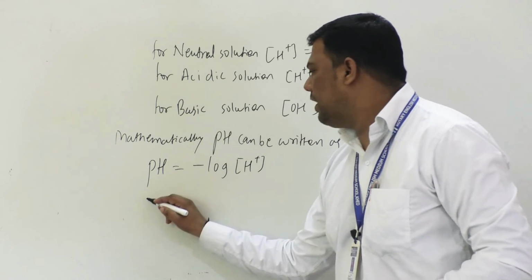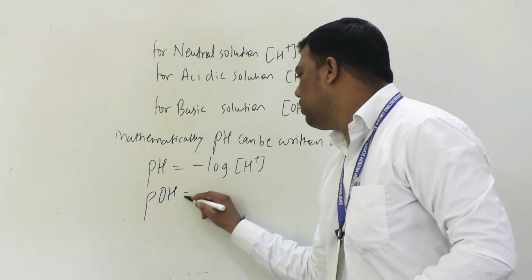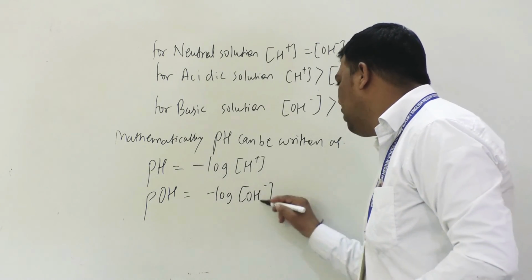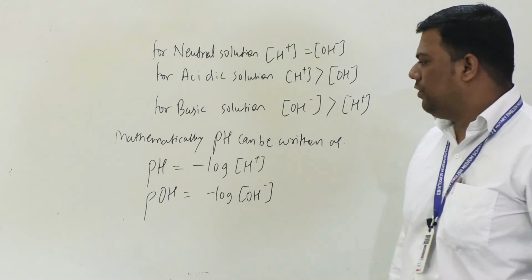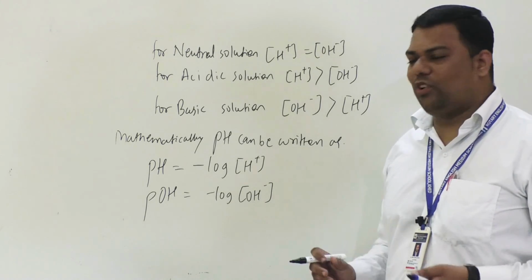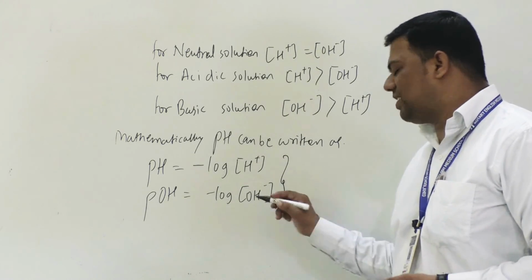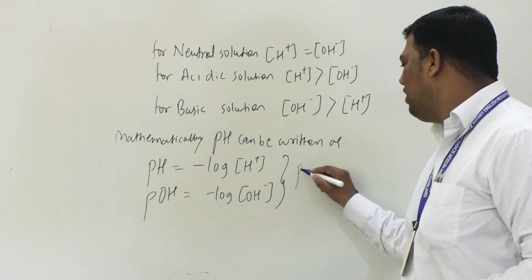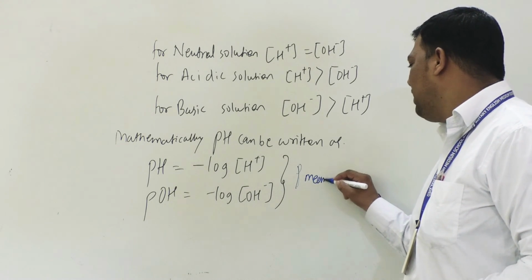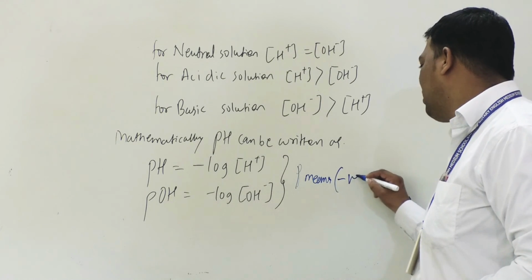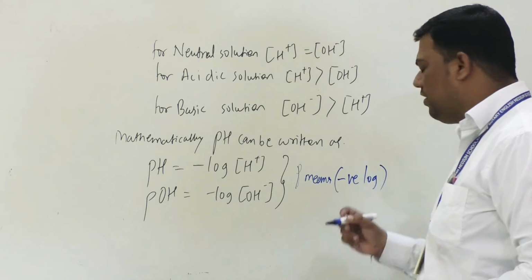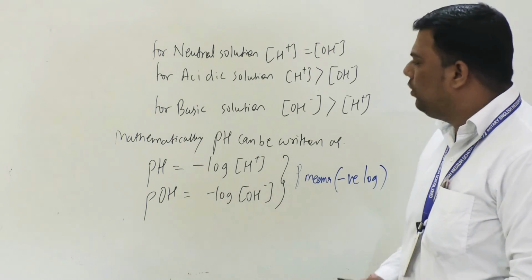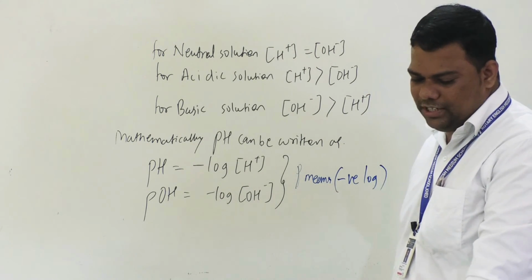Same if you are writing about pOH: pOH is the negative logarithm of the concentration of OH minus ion. From this, one thing you observe here: P means negative log.